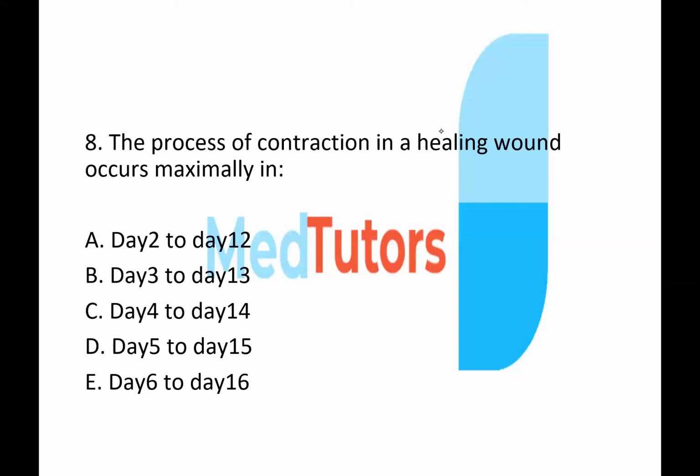Now, if you look at the phases of wound healing, you have the inflammatory phase, which occurs in the first 72 hours. Then you have the proliferative phase, which occurs within 5 days to 2 weeks. Then you have the maturation phase and remodeling phase that takes a longer time.